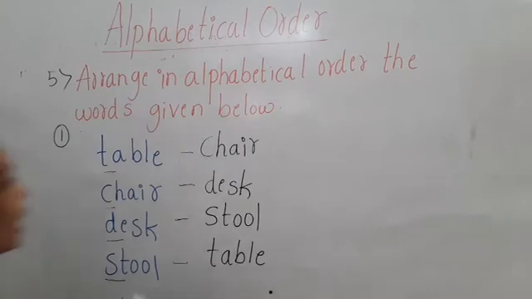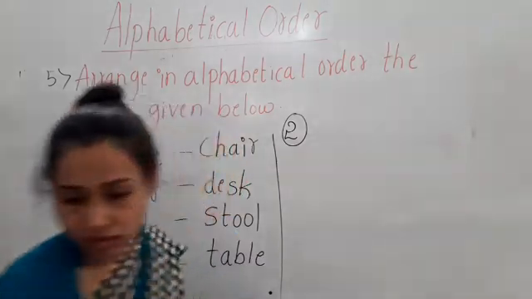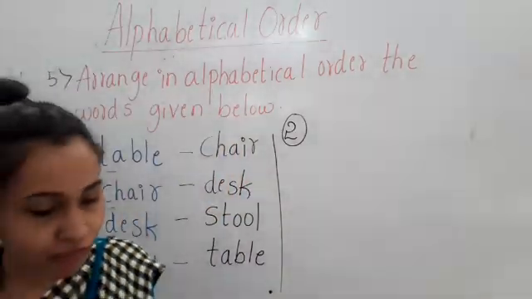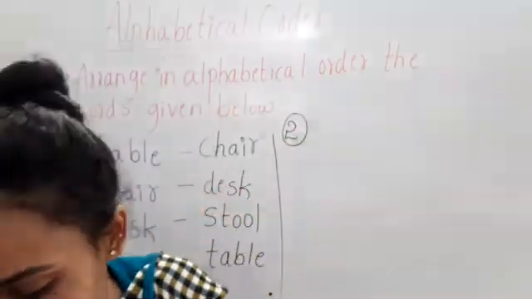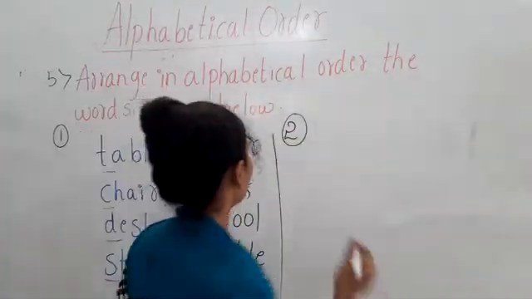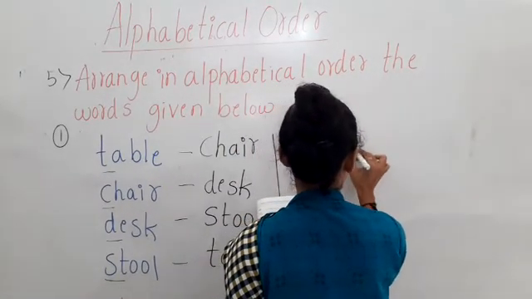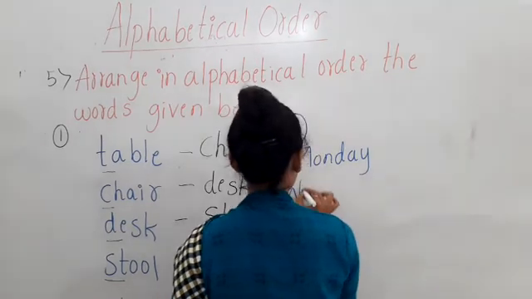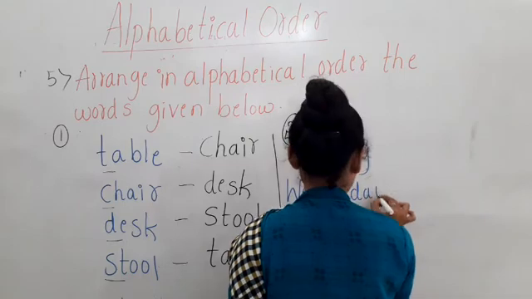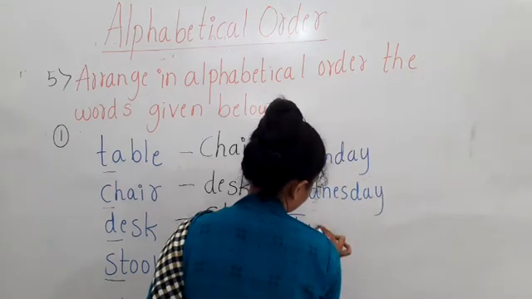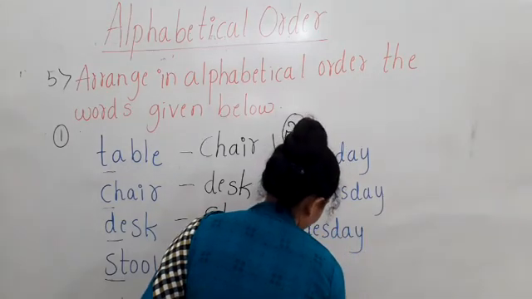Now look at the second box, children. In the second column we have Monday, Wednesday, Tuesday, Friday.